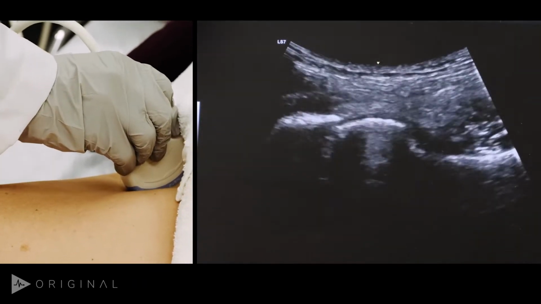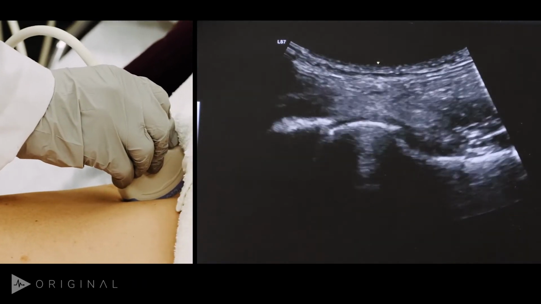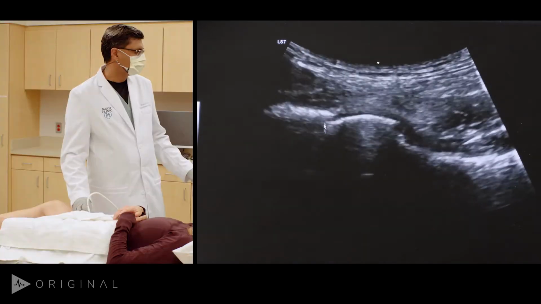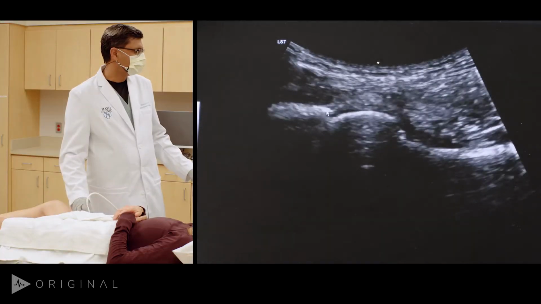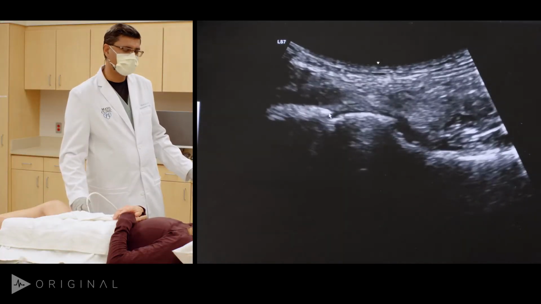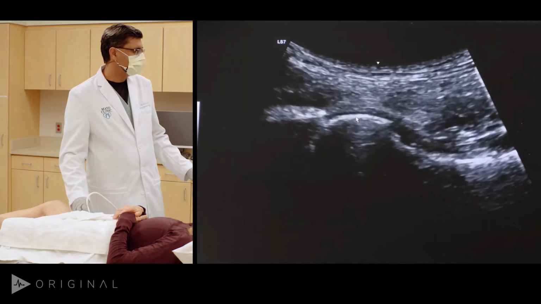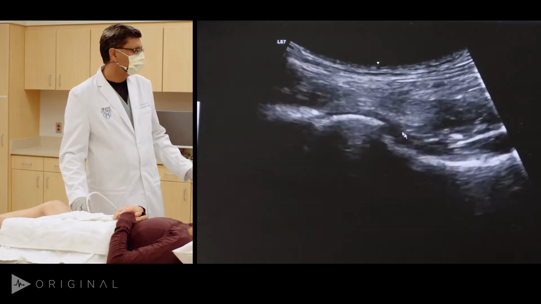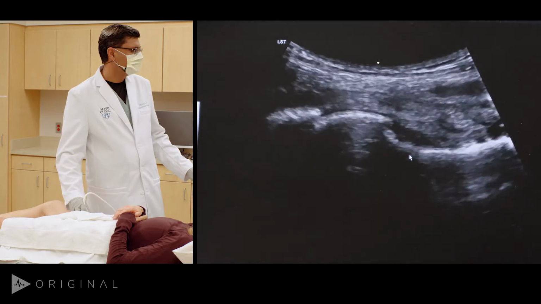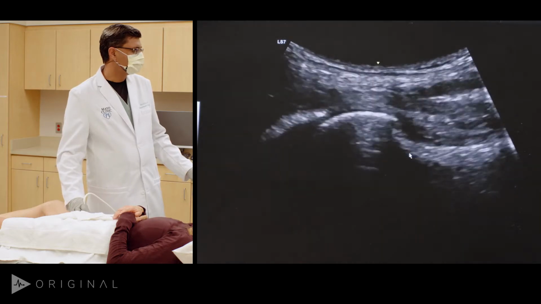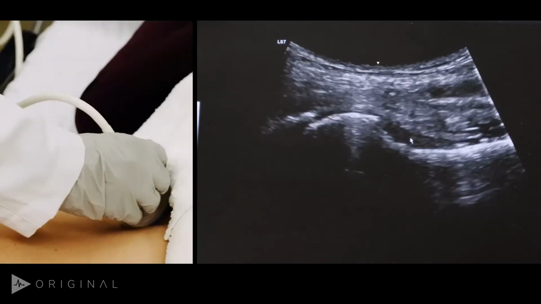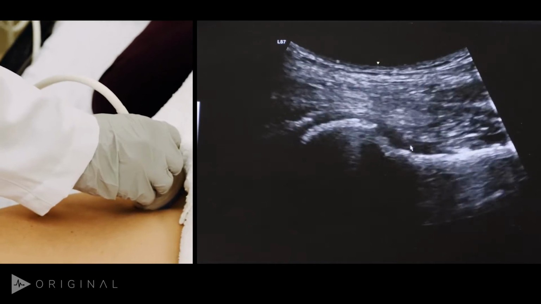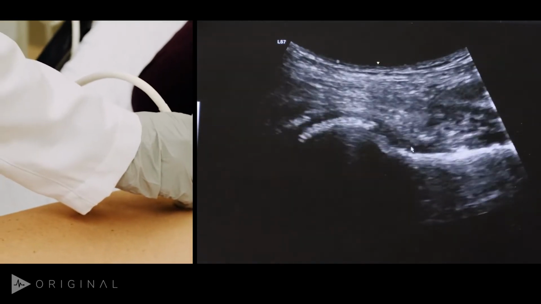In this orientation, I'm going to use a little arrow to demonstrate the structures. You have this echogenic structure that is the acetabulum, then you have the femoral head, and then the femoral neck here. A slight angulation of the transducer helps us to look at the capsule. This is the capsule of the joint.